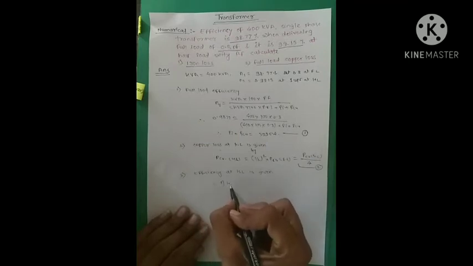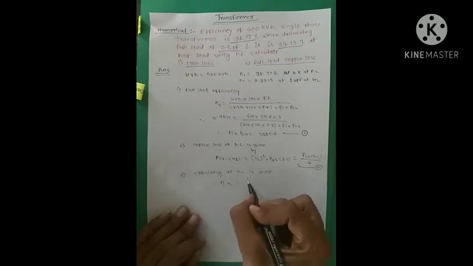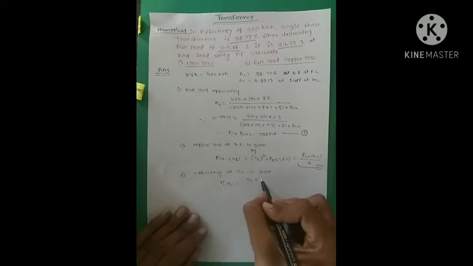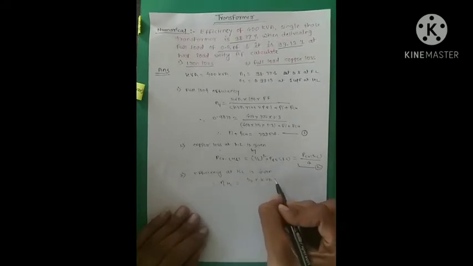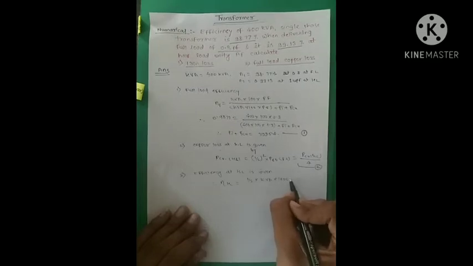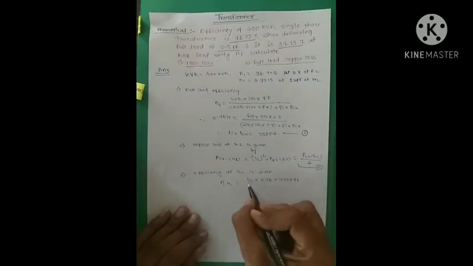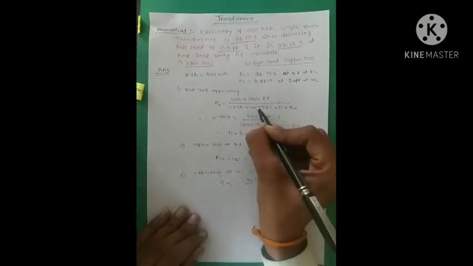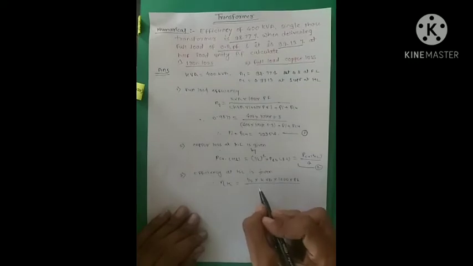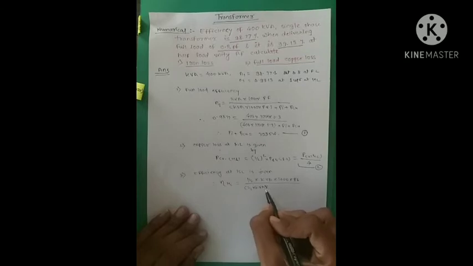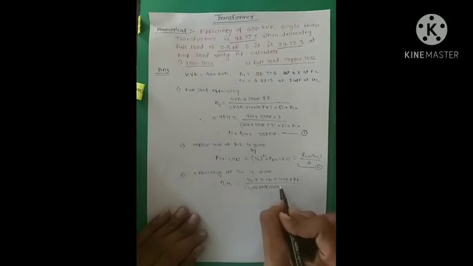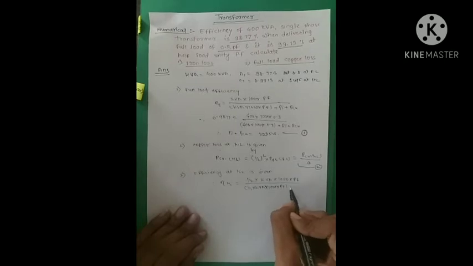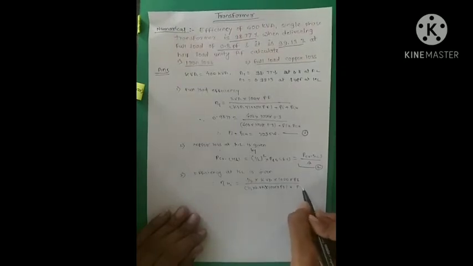Efficiency at half load equals 1 by 2 into kVA into 1000 into power factor, upon 1 by 2 into kVA into 1000 into power factor plus PI plus PCU at half load.